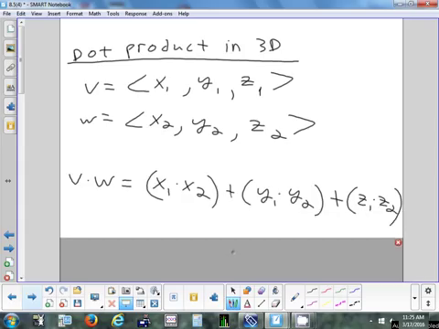So what kind of answer are you going to get for the dot product? What kind of quantity will it be? Scalar. A number, it's just a number. It's not a vector.